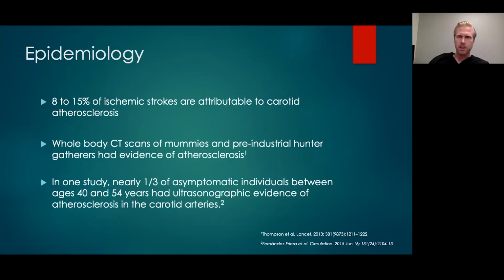So this is something that predates our current eating habits and food preparation, some would say excesses. It's certainly something that's been with us for a long time.